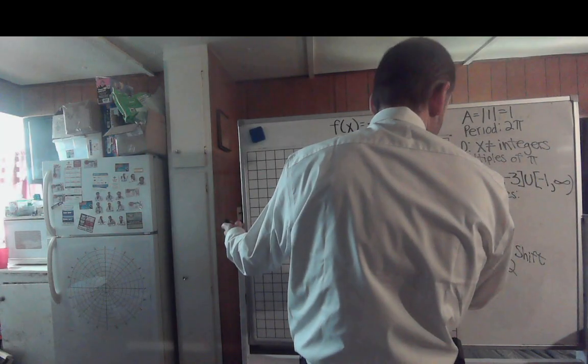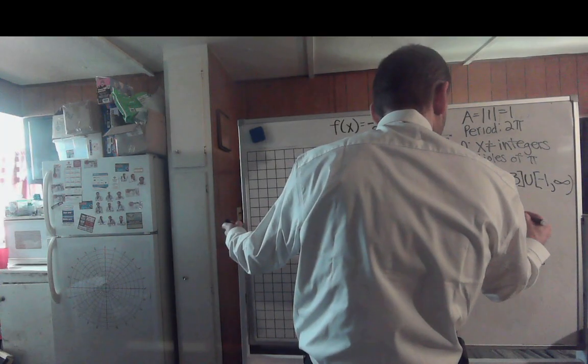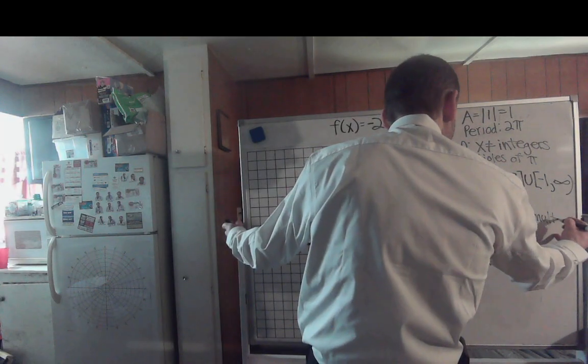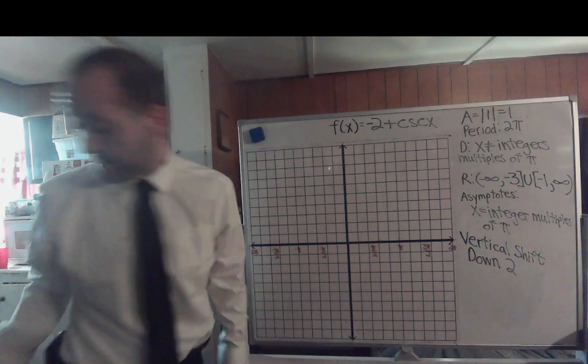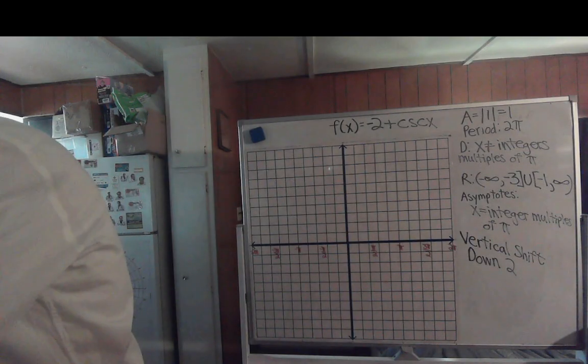Alright, so the asymptotes are going to be at x equals those integer multiples of pi. I'm going to draw said asymptotes here.